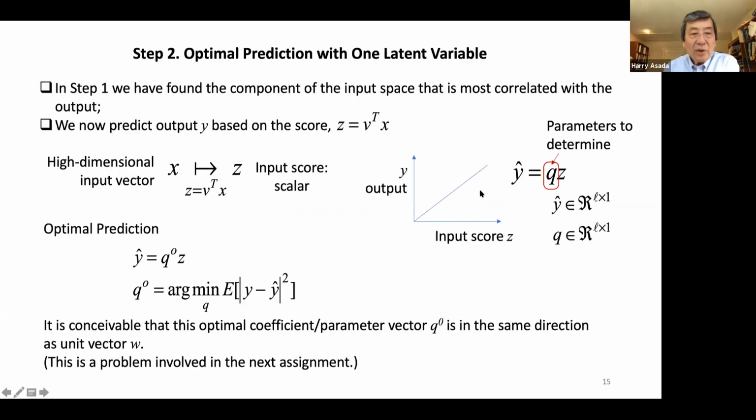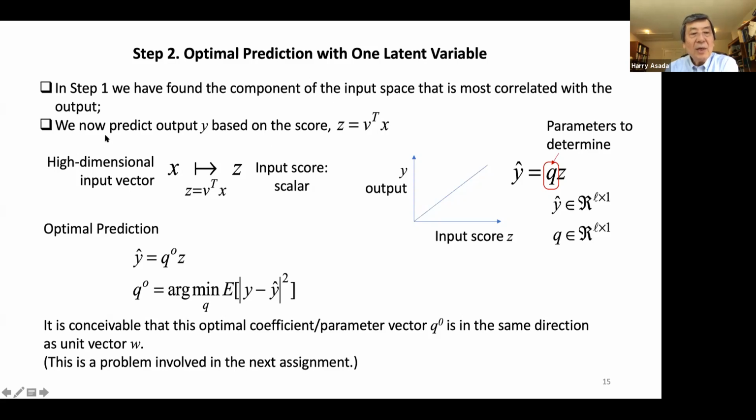Okay, now with that, in step 1, we have found the component of the input space that is most correlated with the output, right? So how do we really correlate that? And then the output Y is to be predicted from the input score.